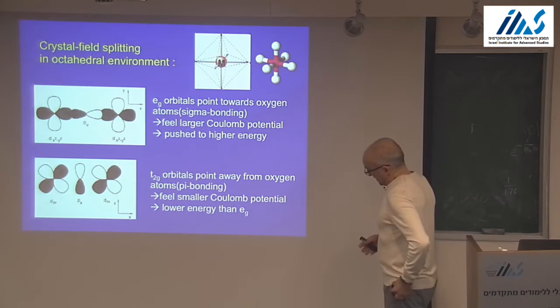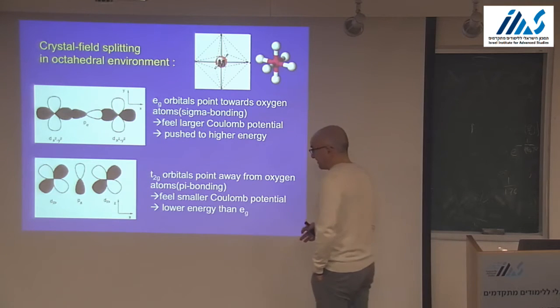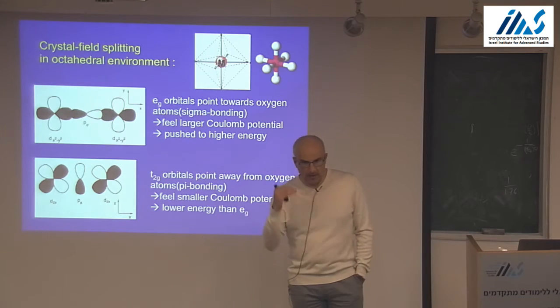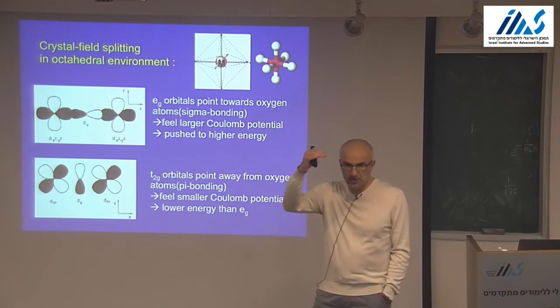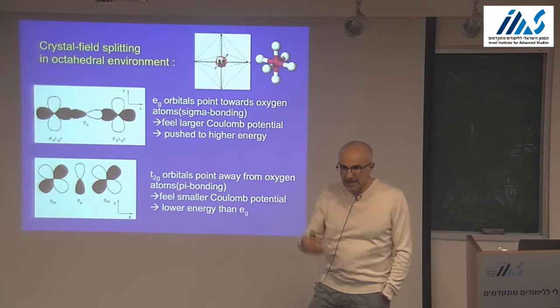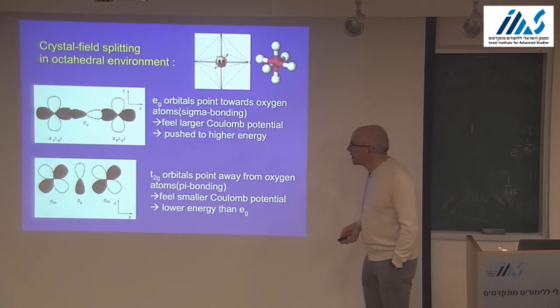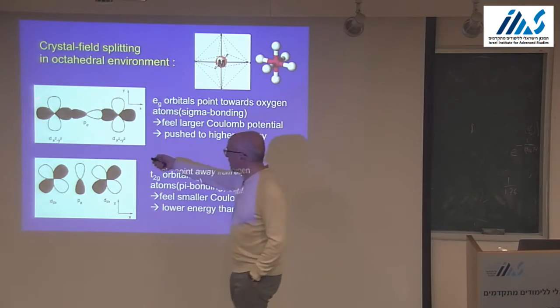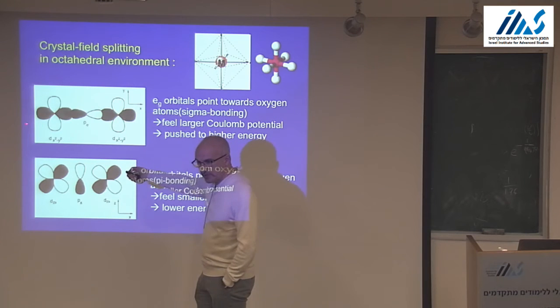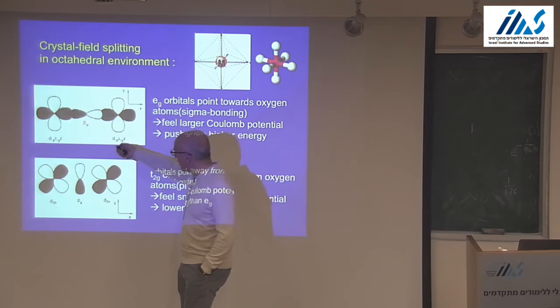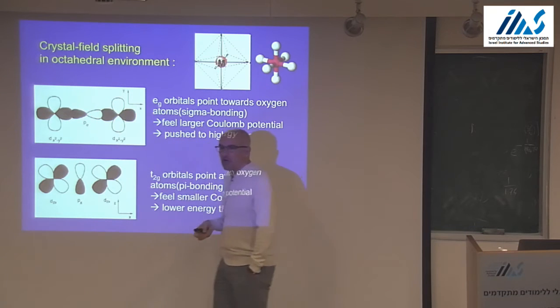And it turns out that in this octahedral environment, the T2G triplet has lower energy than the so-called EG doublet. And the reason for this is extremely easy to understand. If you look at an x square minus y square orbital, which has this shape, the lobes point directly to the lobes of the p orbitals of oxygen.